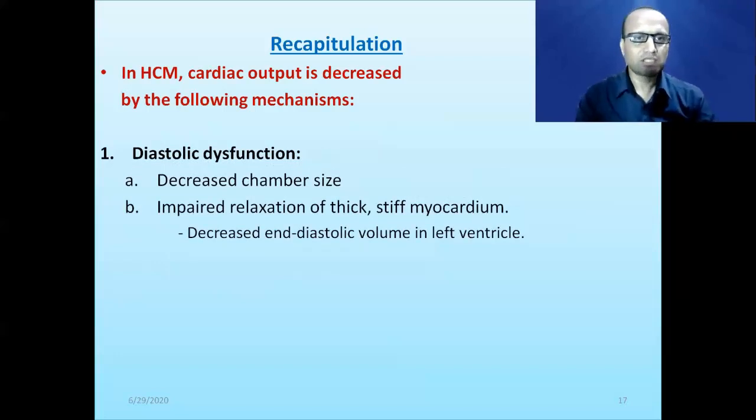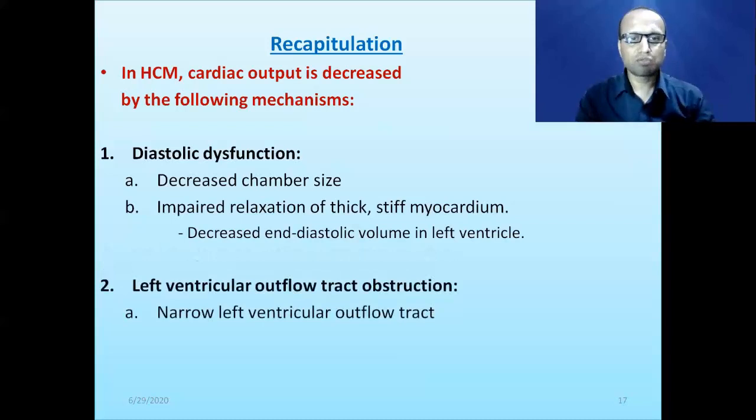Diastolic dysfunction occurs because of decreased chamber size of the left ventricle, and because of impaired relaxation of thick, stiff myocardium. So the end result is decreased end diastolic volume in the left ventricle.